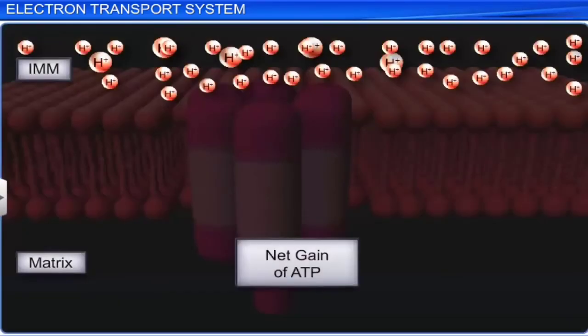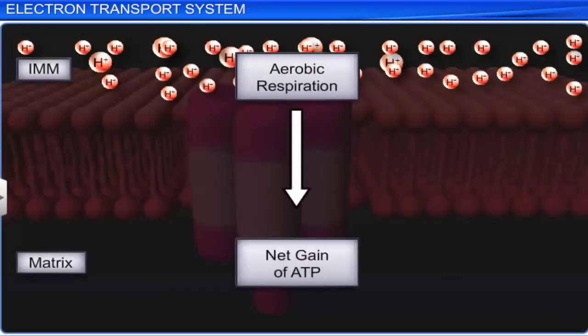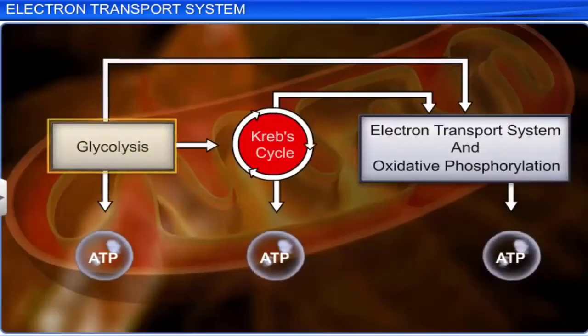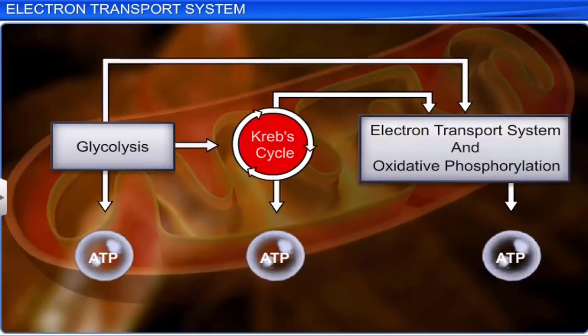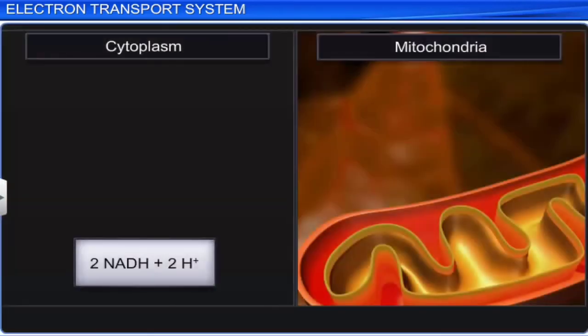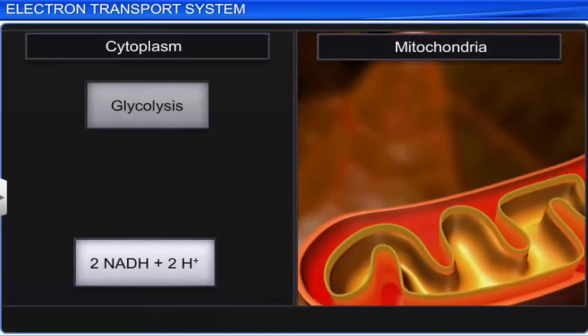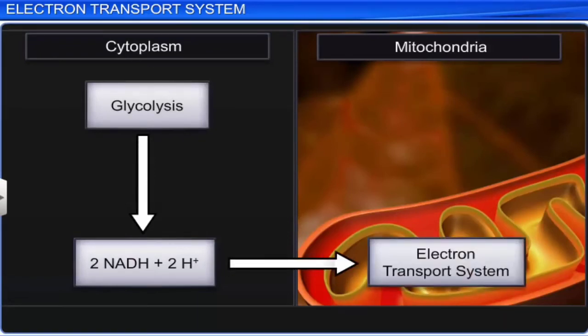The net gain of ATP produced during aerobic respiration can be calculated based on the assumptions that glycolysis, Krebs cycle, and ETS take place in sequential order. NADH + H+ produced during glycolysis is transported into mitochondria for oxidation.